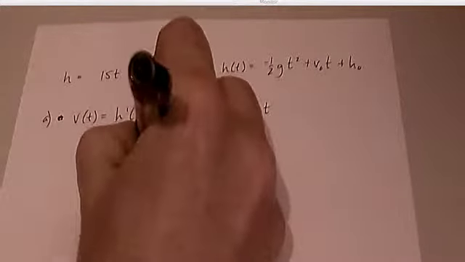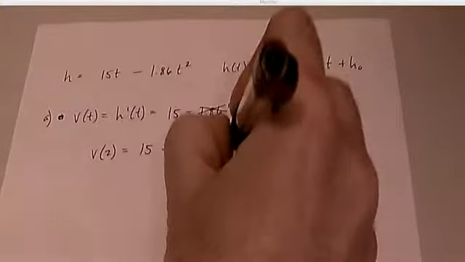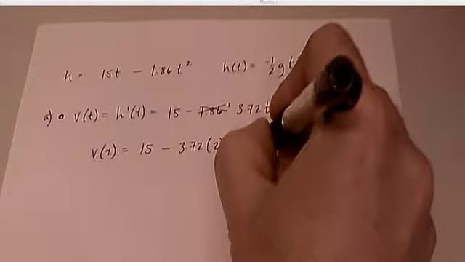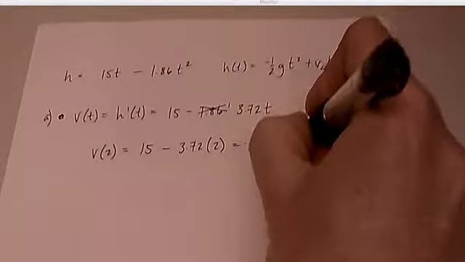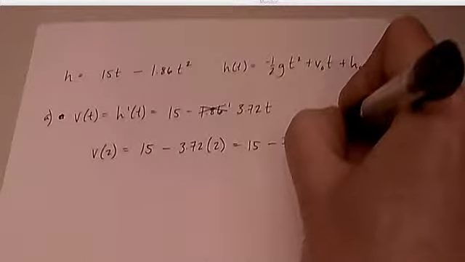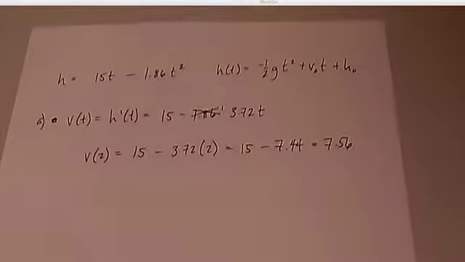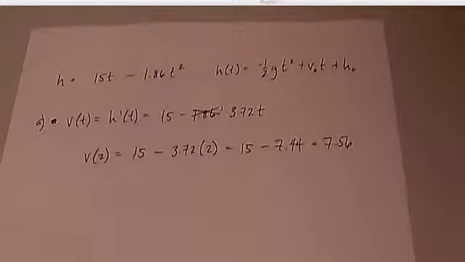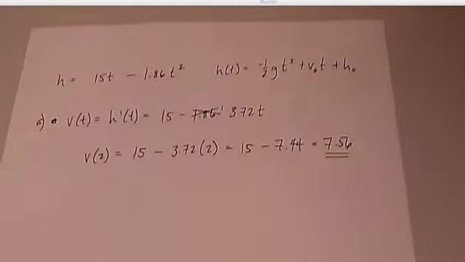Okay, 15 minus 3.72 times 2 is 15 minus 7.44, which is going to be 7.56. Okay, that is the velocity of the rock after 2 seconds. So obviously after 2 seconds it's still going up. It has slowed down, but it still has a velocity of 7.56.